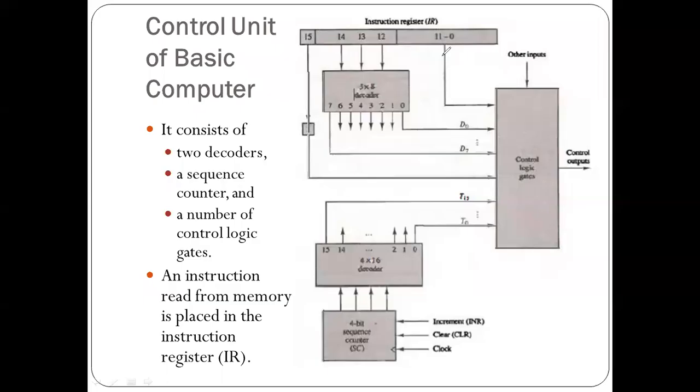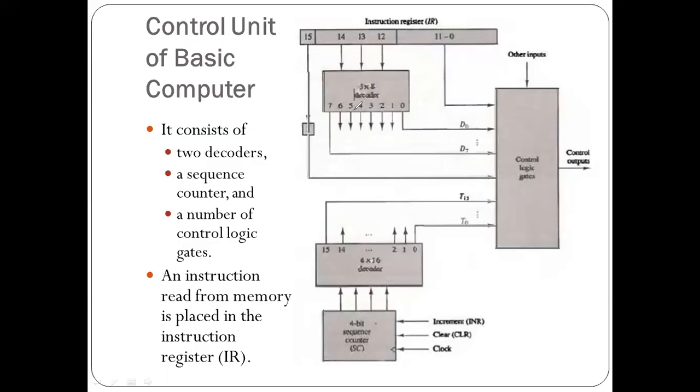This 16-bit information available in the instruction register is decoded based on the type of instruction. Bits 12, 13, 14 are given to a decoder so that the possible opcodes vary from 0 to 7. If these 3 bits are 7, it refers to either a register or IO reference instruction.